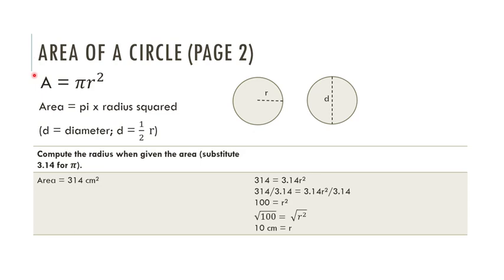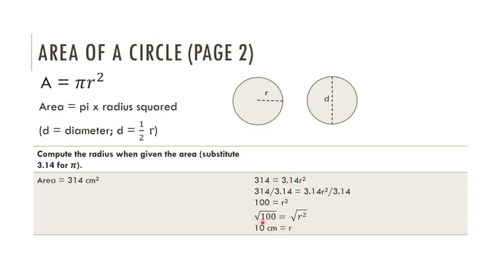Okay, in this example, we're going to solve for the radius. So we're given the area. We want to know what the radius is. We're going to plug in the information that's given into the formula. And it looks like we're going to divide both sides by 3.14 to get rid of this number that's associated with the radius.